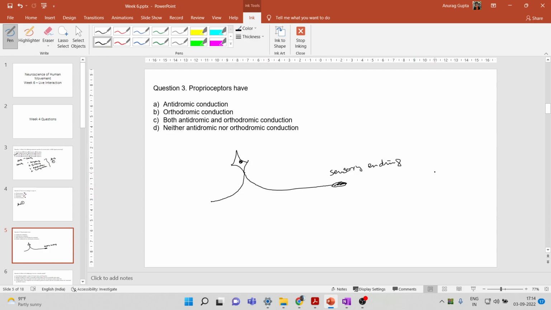Such neurons, which send sensory information to the central nervous system, are called afferent neurons. So proprioceptors are afferent. This is an important point that you need to remember.